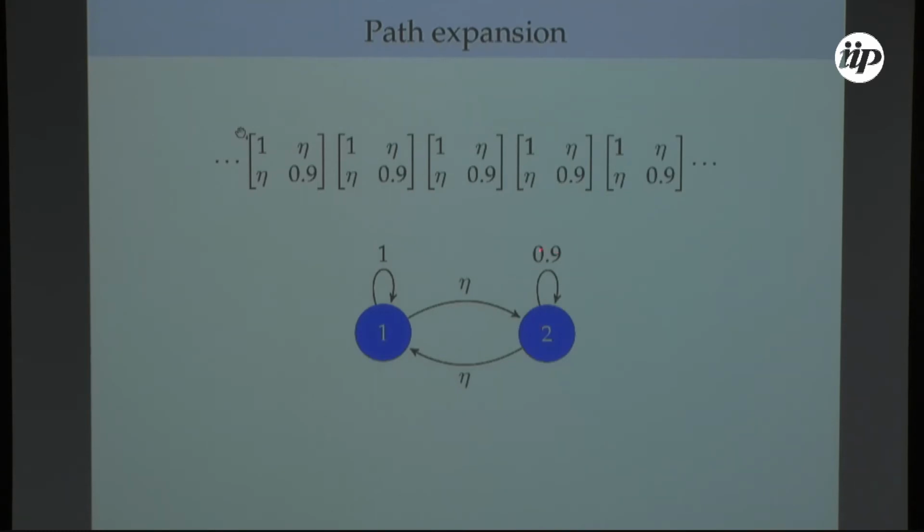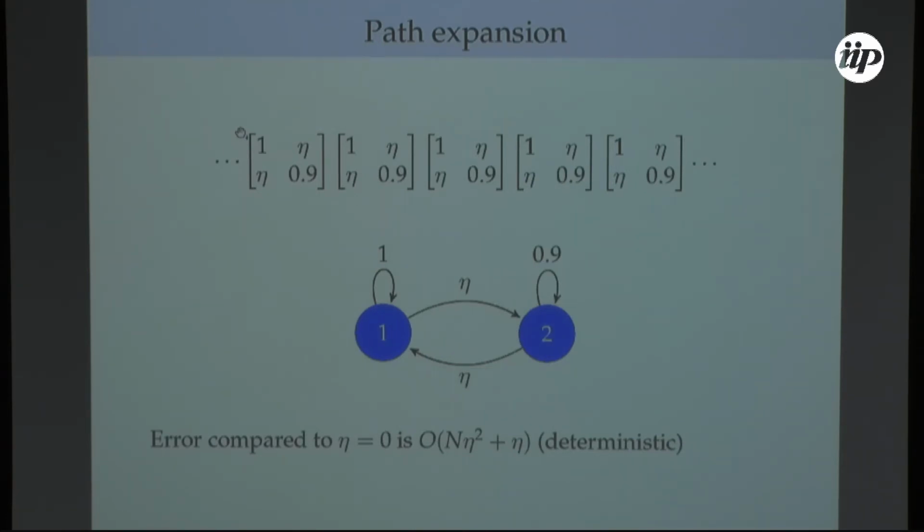You could then sit here and do 0.9 a couple times and then go back. Well, if you just compute, the important thing is that it's expensive in these products to stay here at 2 for too long. Because as you take more and more 0.9s, you're decaying exponentially in the number of terms.